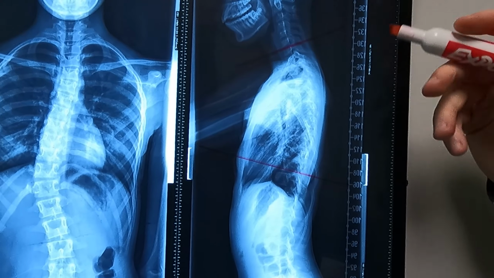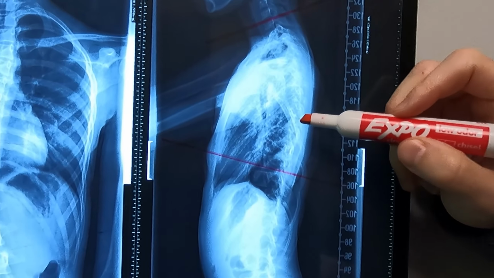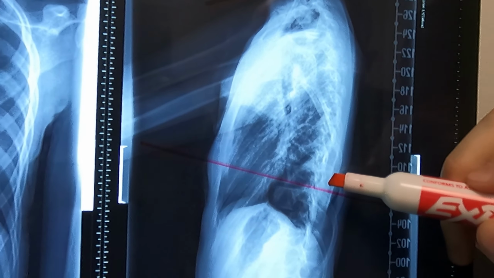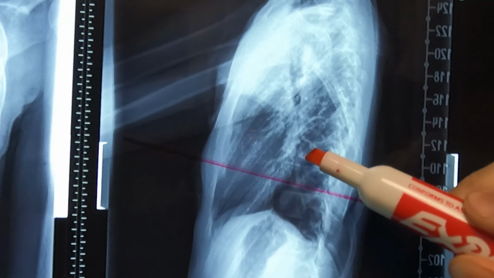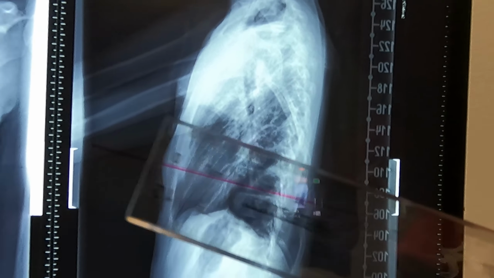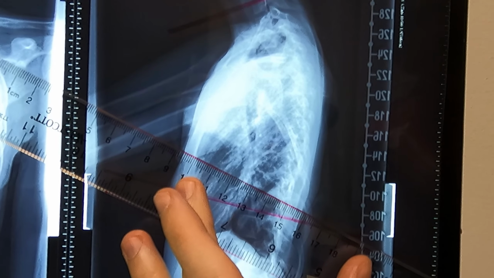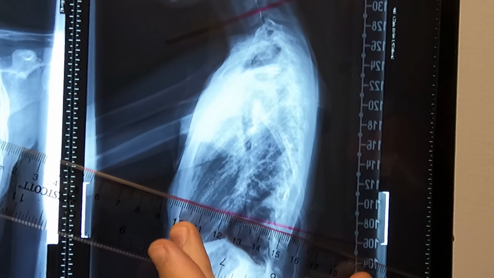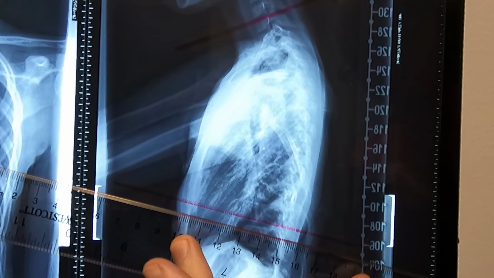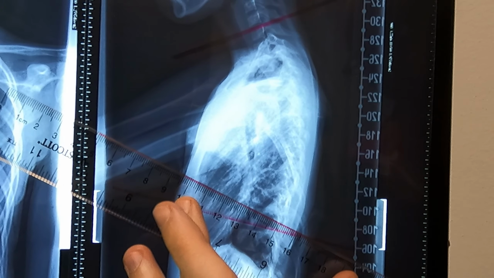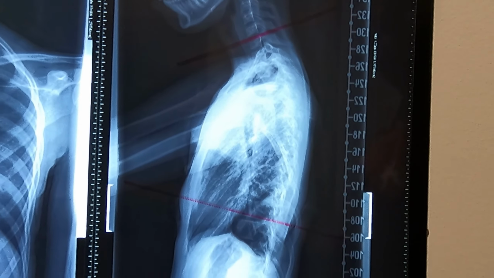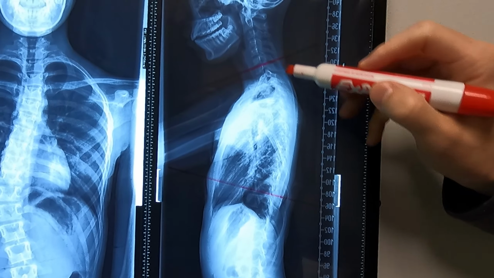But the problem is, if we look right, where is it? Right here, right there. That doesn't look like that's parallel. What happened? Well, it looks like we had a loss of our kyphosis. And so this doesn't tell the whole story.